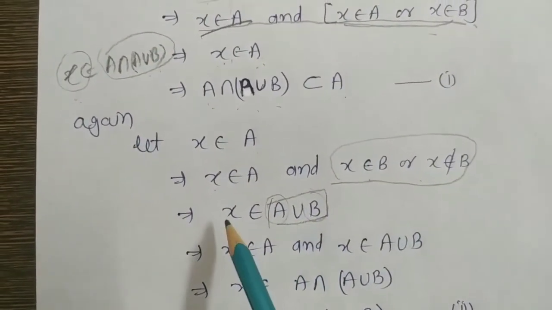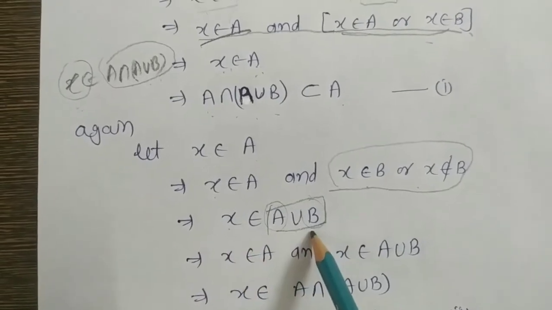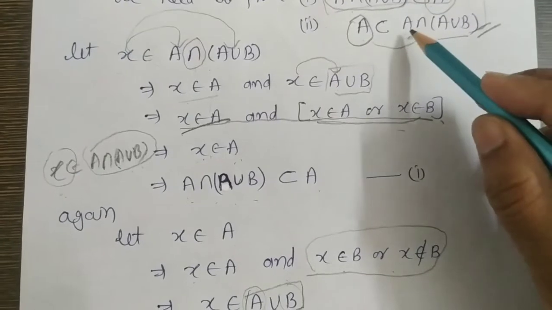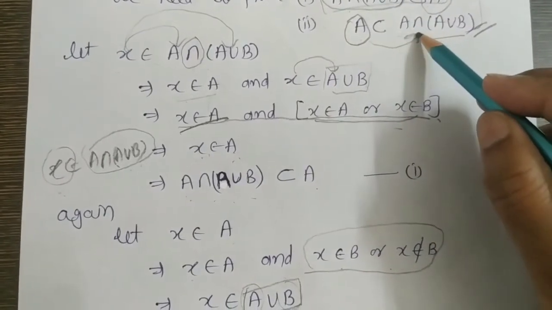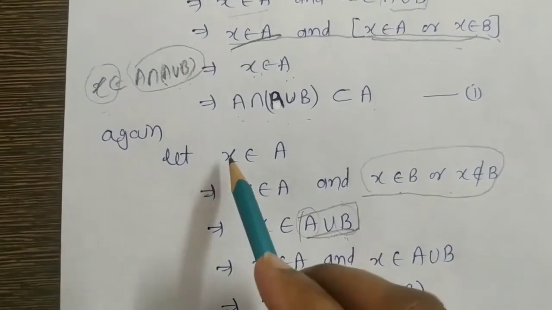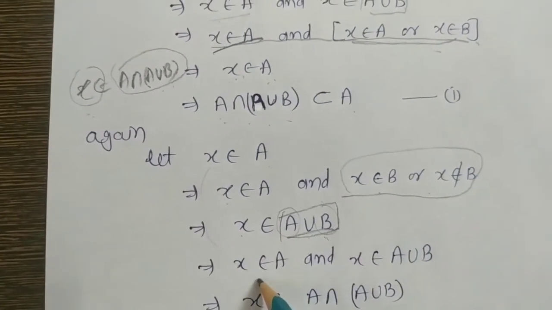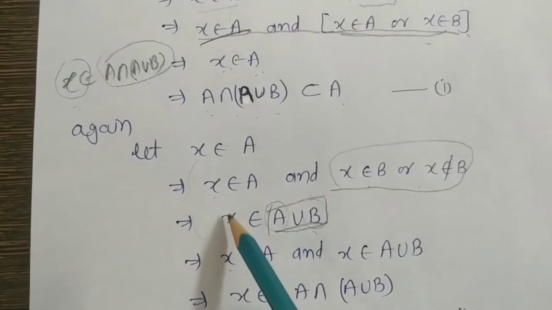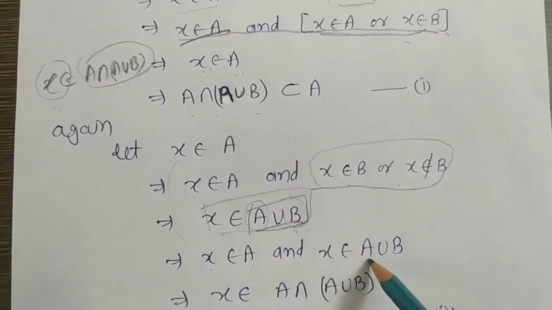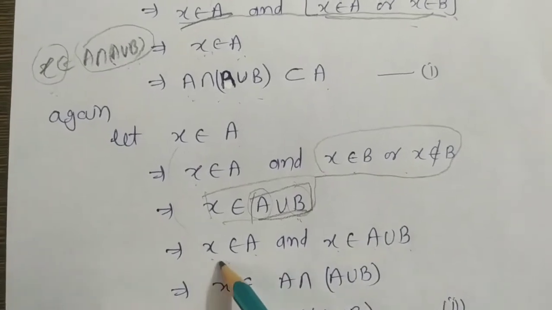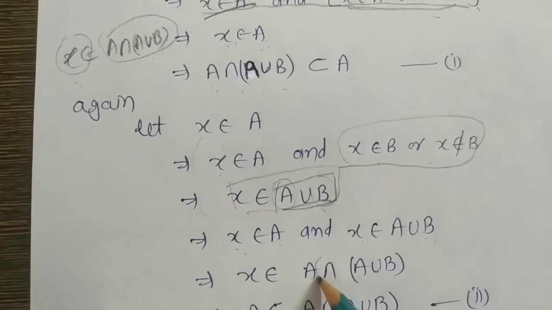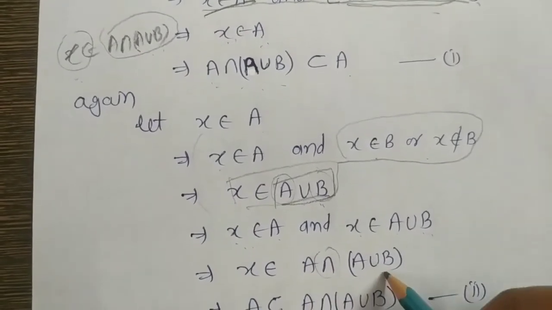So X belongs to A union B. What we need here is the intersection of A and A union B. Already we know that X belongs to A, and we also came to the result that X belongs to A union B. X belongs to both the sets, so X will also belong to the intersection of both these sets.